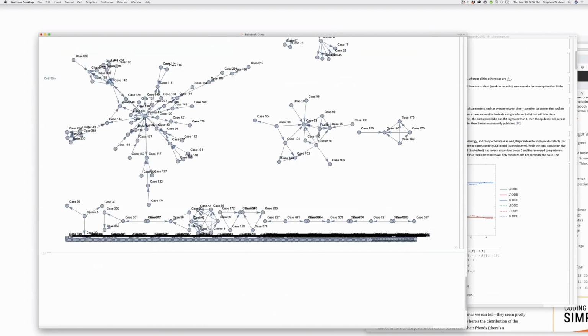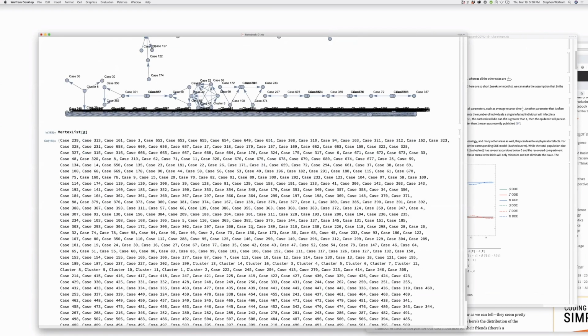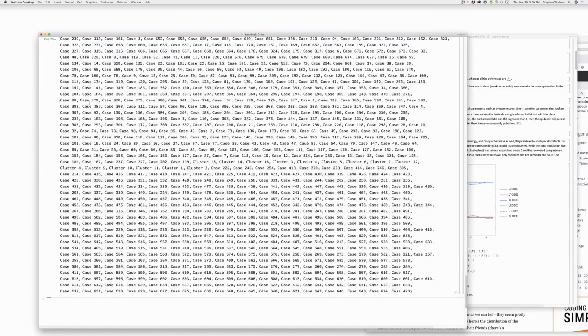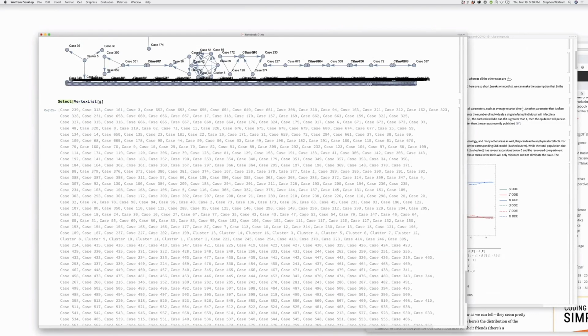Well, you can VertexDelete, but the easier thing is just to select the ones that match the string pattern "cluster*", and then just do HighlightGraph. What do I want? You want the cluster or the case? Clusters, let's say.